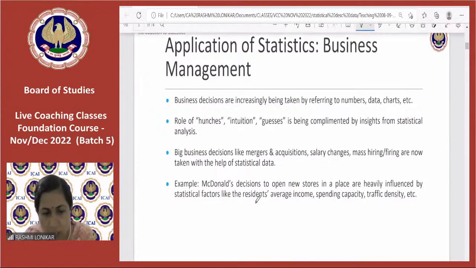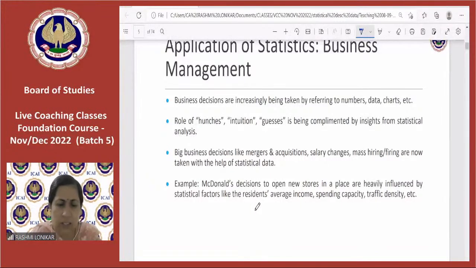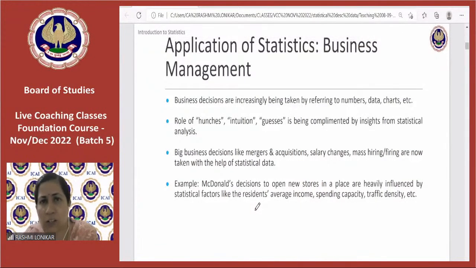One of the latest examples is McDonald's. Earlier, in the cities, you usually had one McDonald's per city. But now you can see even the B towns, the smaller towns, have more than one McDonald's. So how does McDonald's decide when and where to open a new outlet?